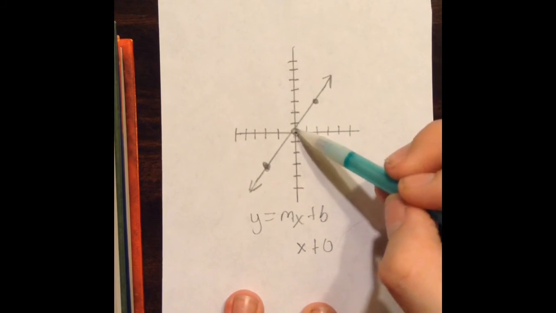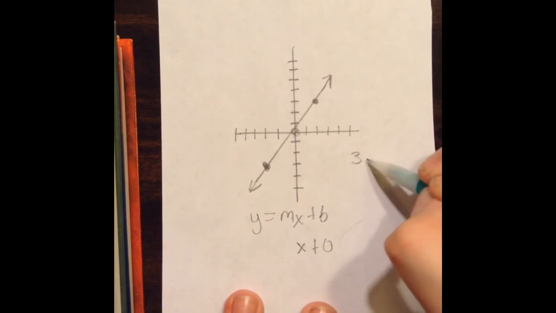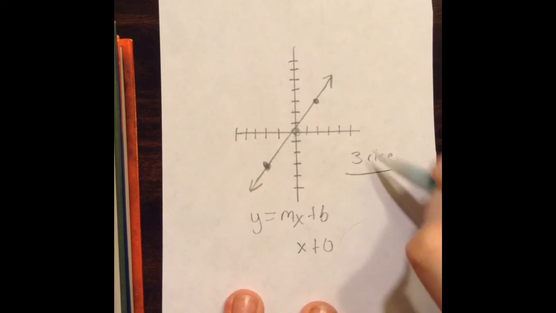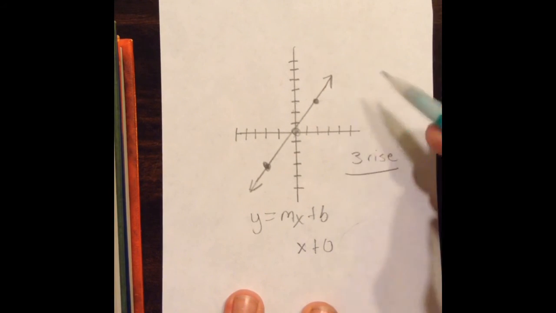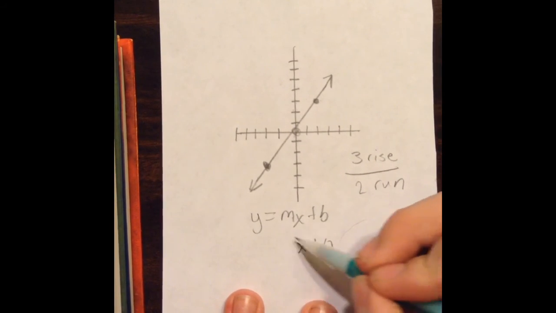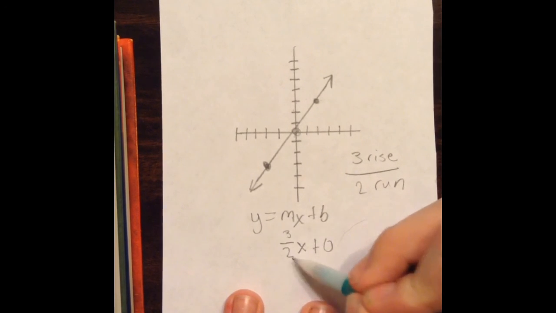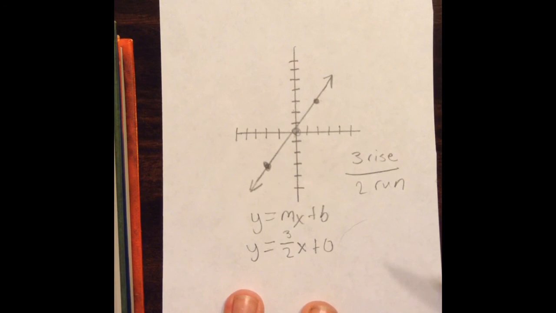So we go up 1, 2, 3 rise, and then we go 1, 2 run. So our slope in this case is 3 over 2. Then we can just finish that. So our equation now is y equals 3 over 2x plus 0.